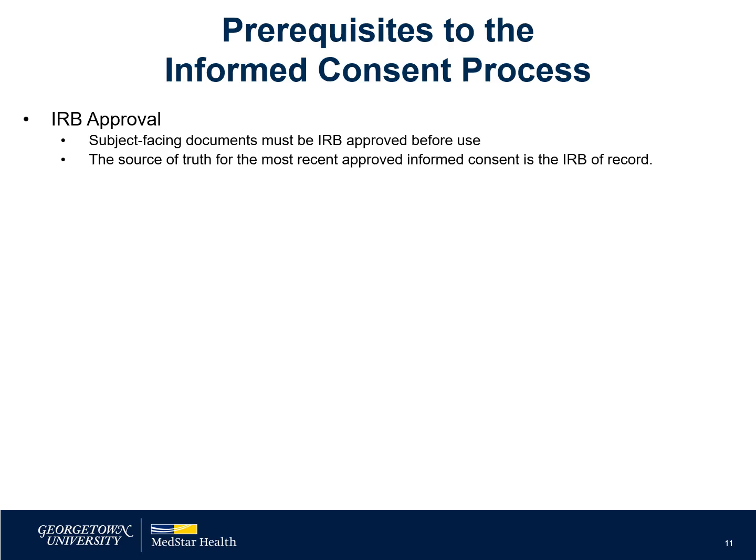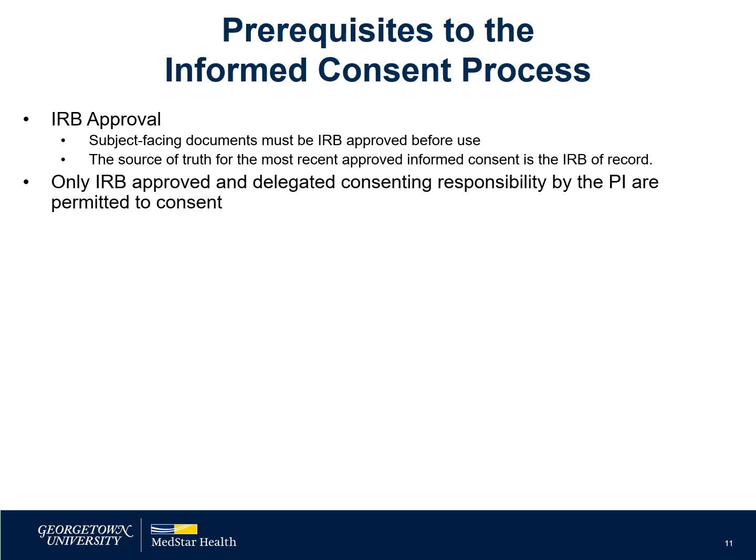In addition, the source of truth for the most recent approved informed consent is the IRB of record. Only members of the research team who are approved by the IRB and who are delegated consenting responsibility by the principal investigator documented on the delegation of authority log as applicable are permitted to consent patients for the research study.